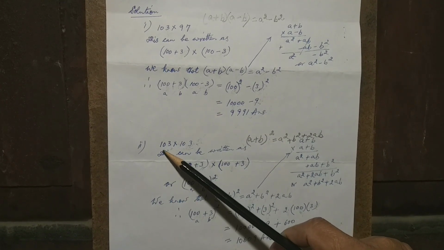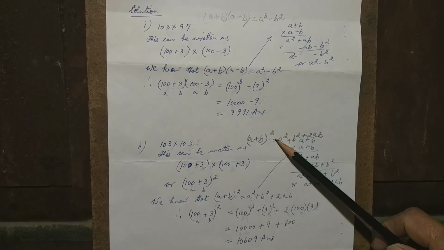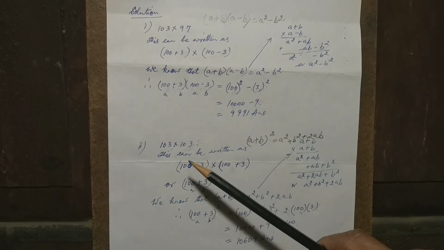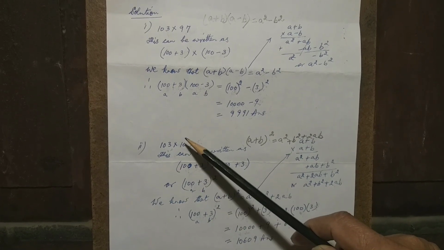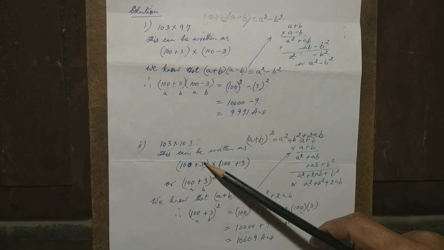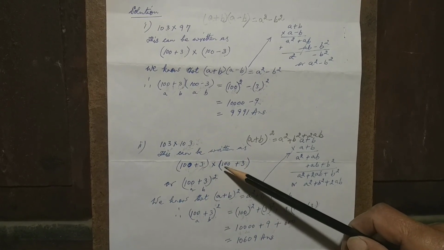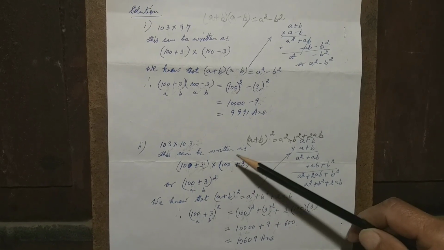The next one is 103 into 103. Again we use this identity in order to solve our given identity. Now 103 can be written as 100 plus 3. Again this 103 can be written as 100 plus 3.